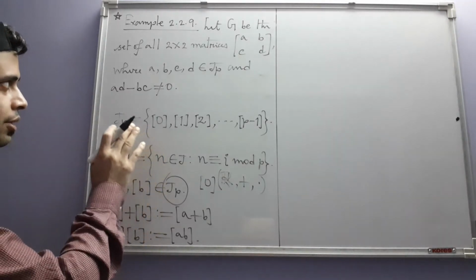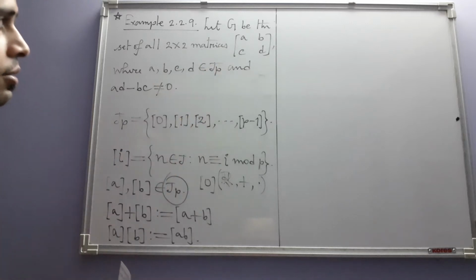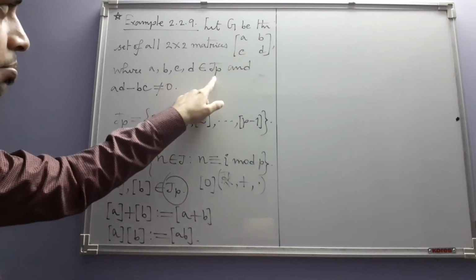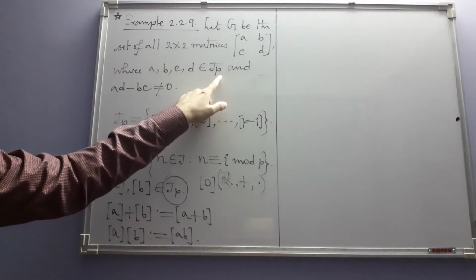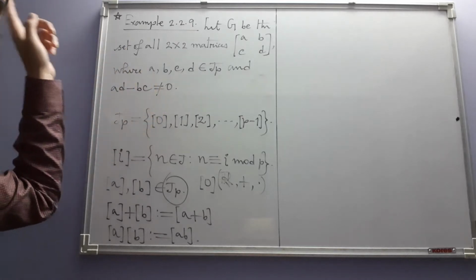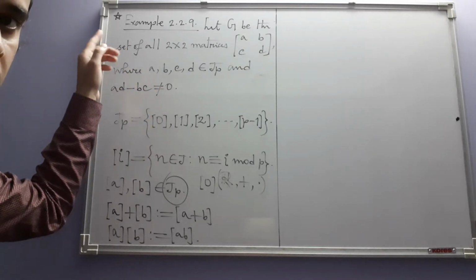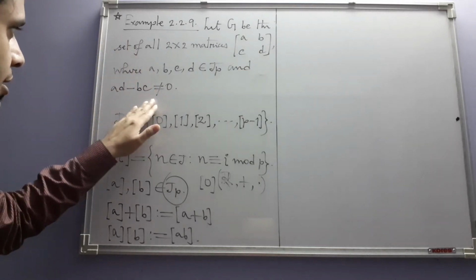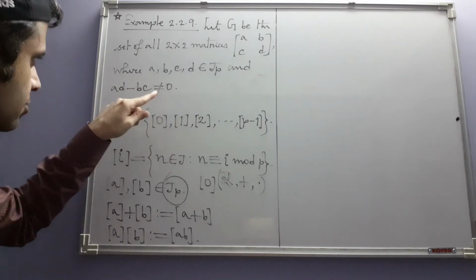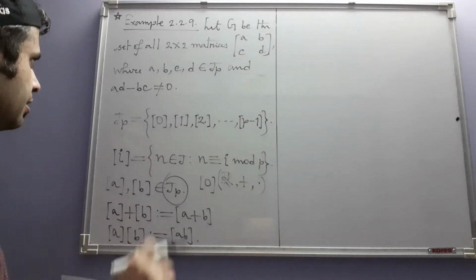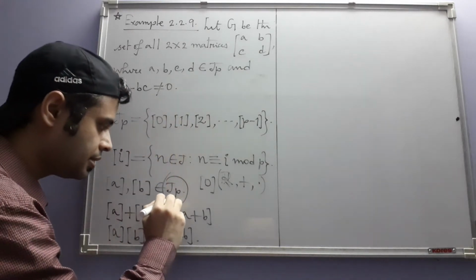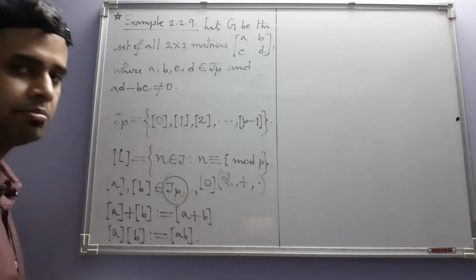So now the matrices that we are considering have entries which are coming from JP instead of the system of real numbers. But the other condition that we previously also assumed in the sixth example is still there: AD minus BC is not equal to 0. In this condition you should keep in mind that this equation is to be interpreted as an equation in JP.